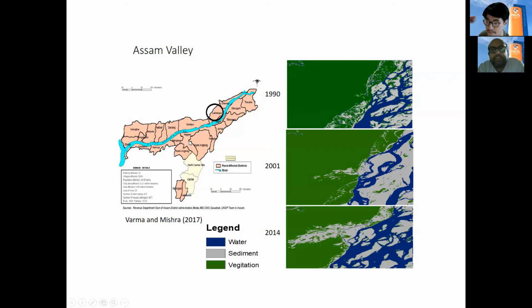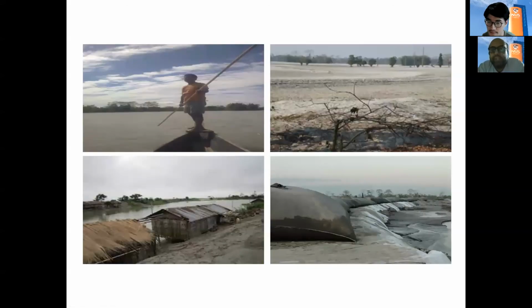Next slide, please. So these are some photographs from fieldwork done from 2011 to 2015 and 16, which gives you a flavor of the changes in the entire system in different seasons. In the monsoon, it may look just like a whole seascape, whereas in the dry season, it may look like a desert due to coarse sediment deposition.